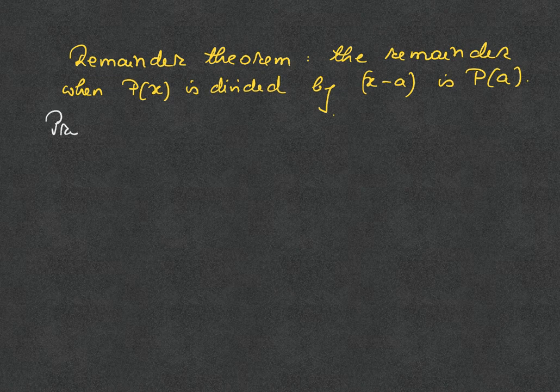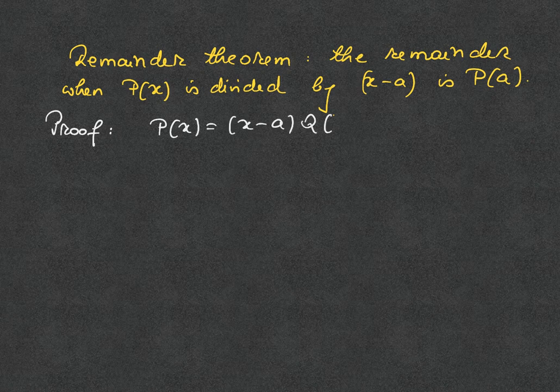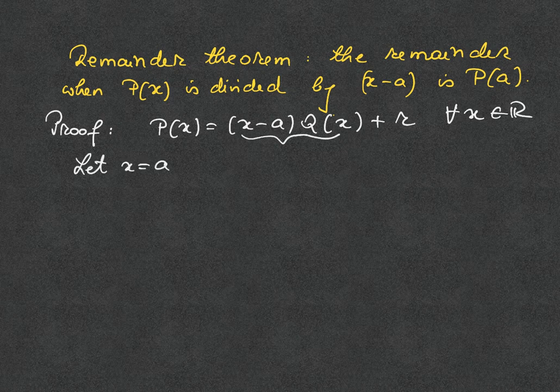Let's attempt a proof, which is exactly what we've done before. So when p of x is divided by x minus a, I can write that p of x is x minus a times a certain quotient plus a remainder, and that's true for any x real. Therefore, I can take x equals a, again, to make this 0.